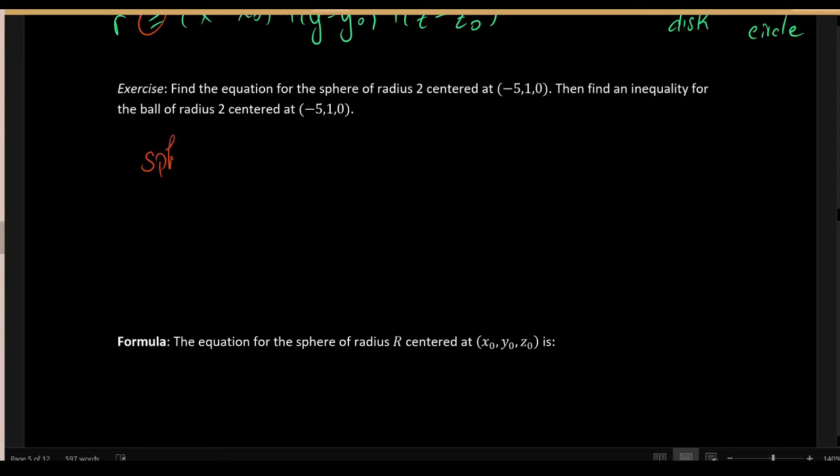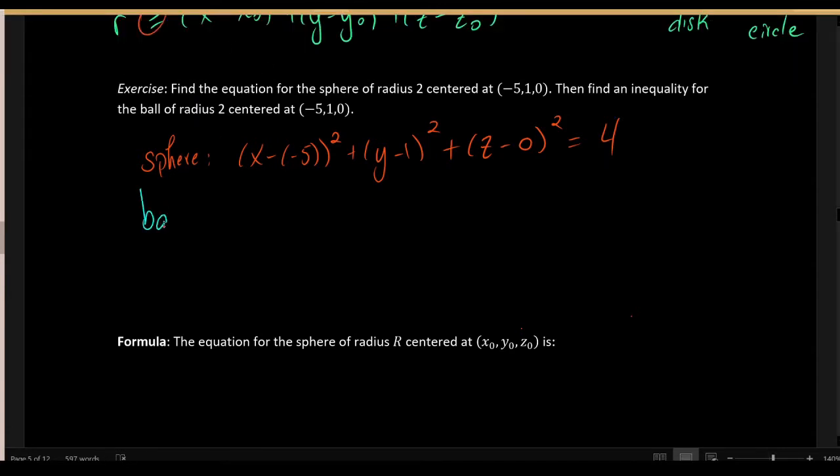So the sphere, all we need to do is take x minus the x of the center squared plus y minus the y of the center squared plus z minus the z of the center squared and set that equal to radius squared. This is the equation for the sphere of radius 2. It can be simplified if you want, but that's not required in this problem.